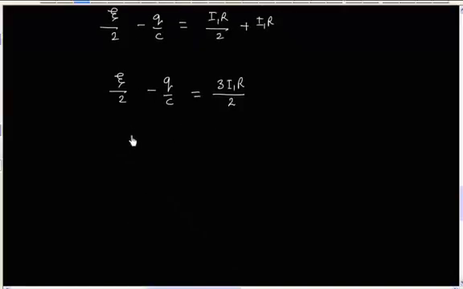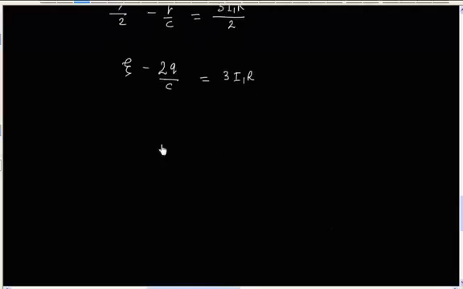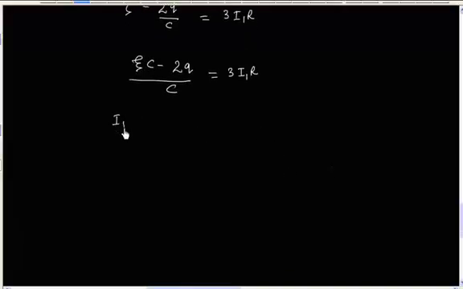Now we can multiply by 2, so we will have Xi minus 2Q by C is equal to 3 I1R, or we can write Xi C minus 2Q divided by C is equal to 3 I1R, or I1 is equal to Xi C minus 2Q divided by 3RC.